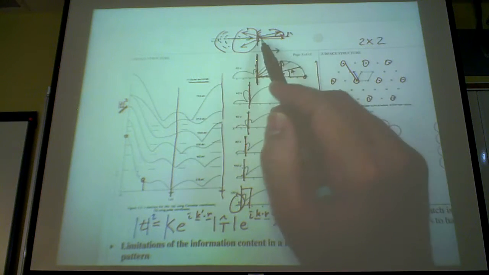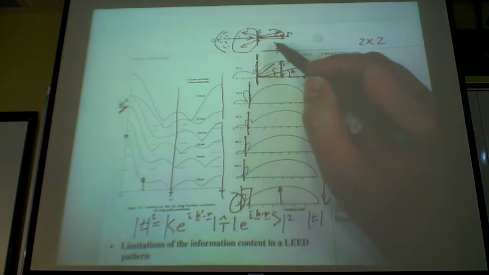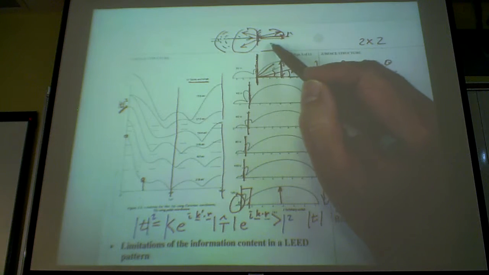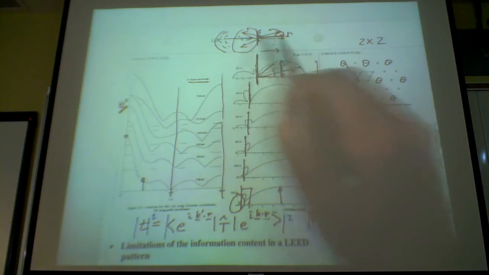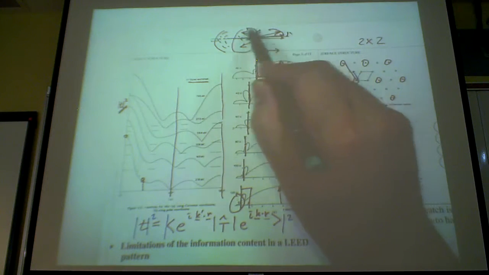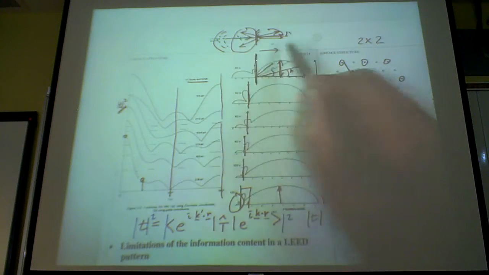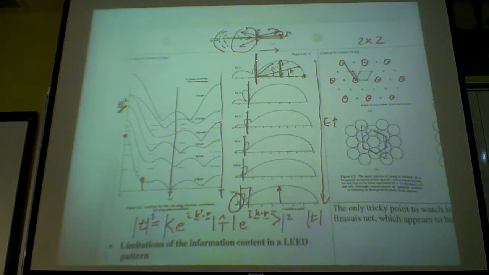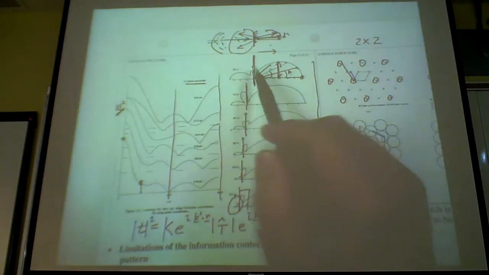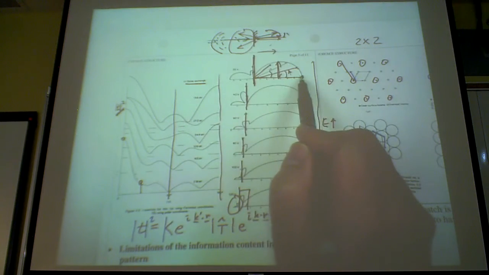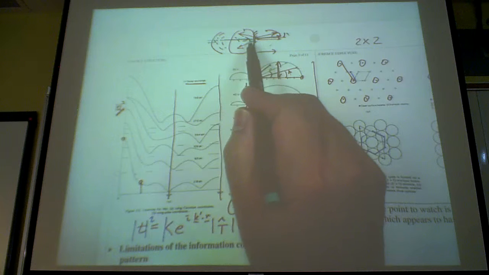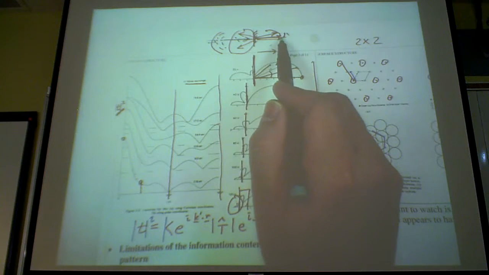And let's say now I have some magical way to measure the probability, how much electron scattering as a function of angle from my surface normal. So this is my surface normal. I move my detector all around this direction. And what do I see? I will see something like this. So at one particular kinetic energy, I will see the forward direction will be very high, because you can imagine most of the electrons will go in the forward direction.